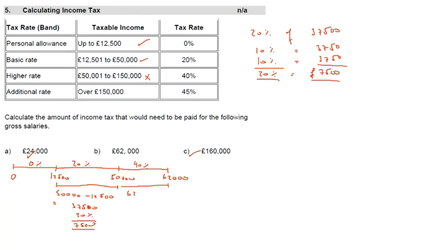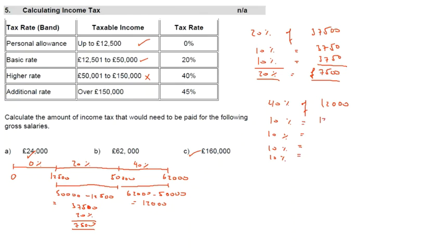Okay, there's more tax in this band now. If you take these two away, then you get £12,000. And now you want to find 40% of 12,000. So I would do 10%, 10%, 10%, and 10%.